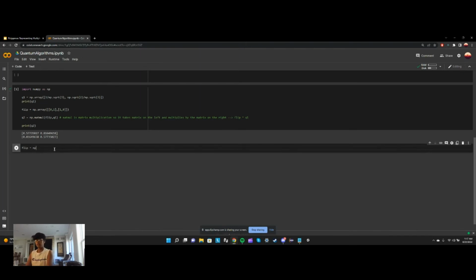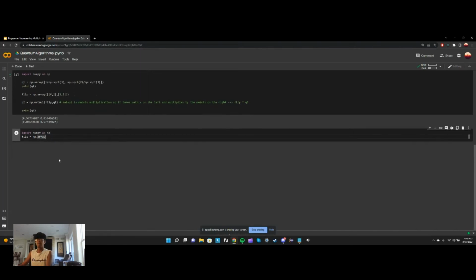So we'll do flip equal to np.array. Again, remember np comes from numpy. Import numpy as np, just in case our program gives an error, let's import numpy as its alias np again, so we don't hope for any errors. So now flip is equal to np.array, and we're going to have a two-dimensional array this time, because it's a matrix.